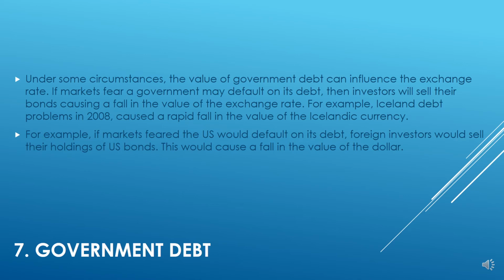For example, Iceland's debt problems in 2008 caused a rapid fall in the value of the Icelandic currency. For example, if the market feared that the United States would default on its debt, foreign investors would sell their holdings in US bonds. What will that create? That will create a fear in the market, and this would cause a fall in the value of the US dollar.